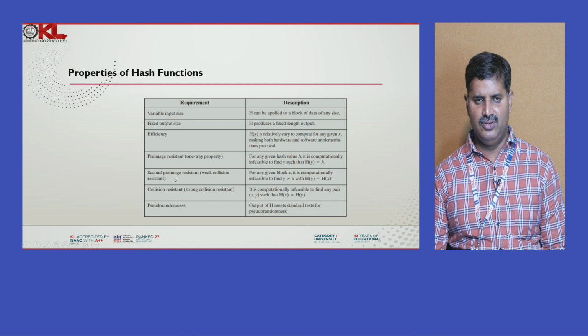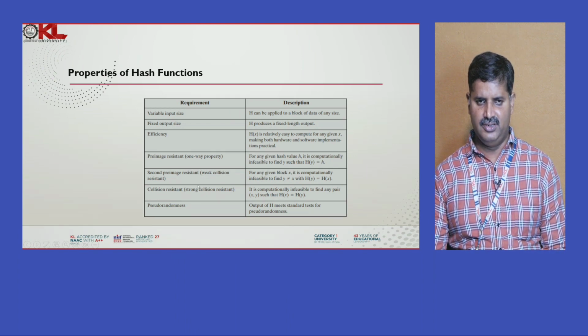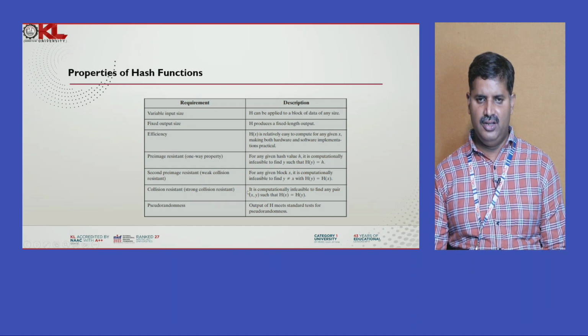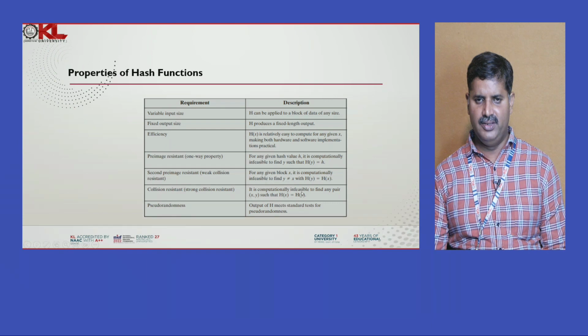Also, for larger messages we use second pre-image resistance. And also we have to see collision resistance, where manipulating the given message should be infeasible in nature. Last one, pseudo-randomness, is also one of the ways to define the hash function.